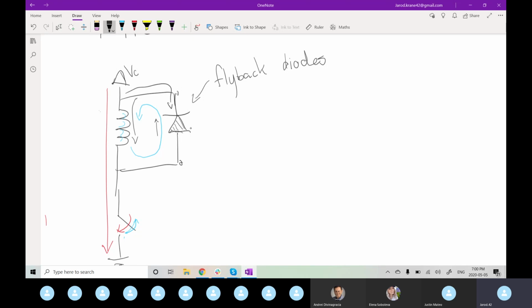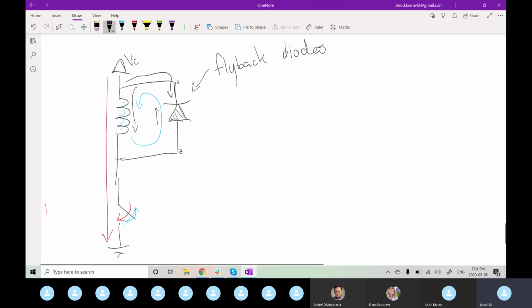So if we have a diode in the path, because the diode has some internal resistance, it causes a voltage drop, and it's able to eat away the current.